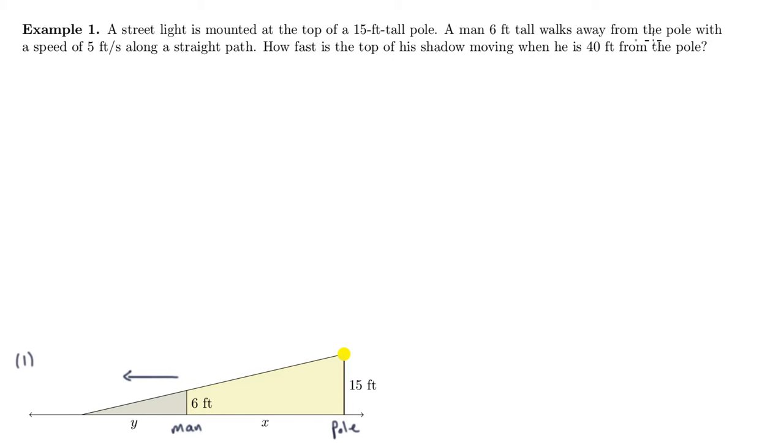I labeled the distance from the man to the pole as x, and the distance from the man to the end of his shadow as y.